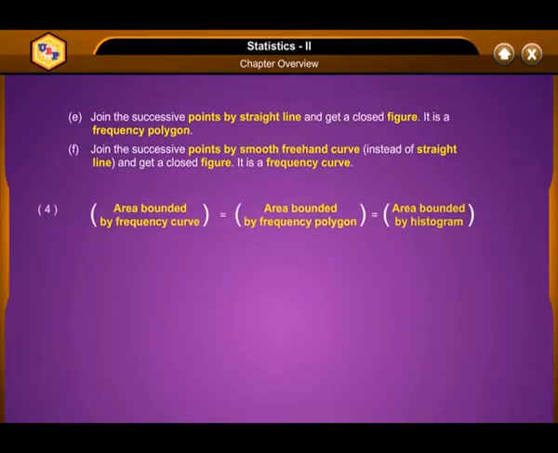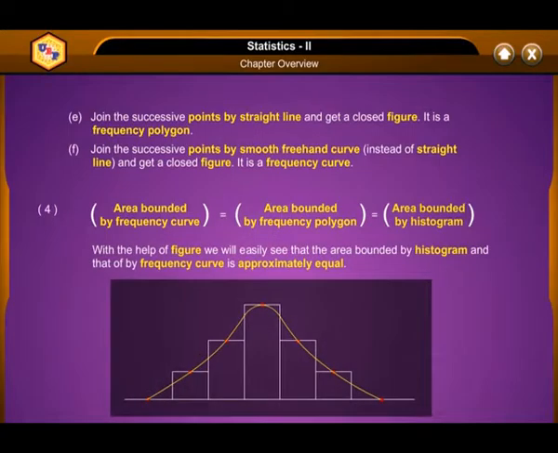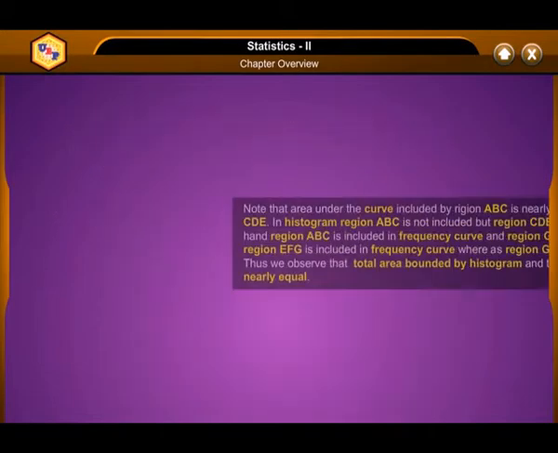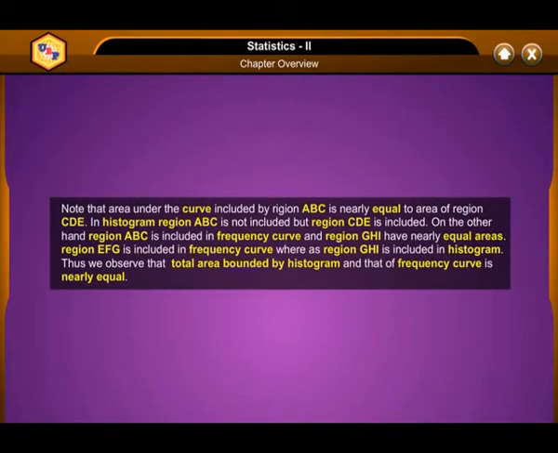The area bounded by the frequency curve is equal to the area bounded by the frequency polygon, which is equal to the area bounded by the histogram. With the help of the figure, we can easily see that the area bounded by the histogram and that bounded by the frequency curve are approximately equal. Note that the area under the curve included by region ABC is nearly equal to the area of region CDE.